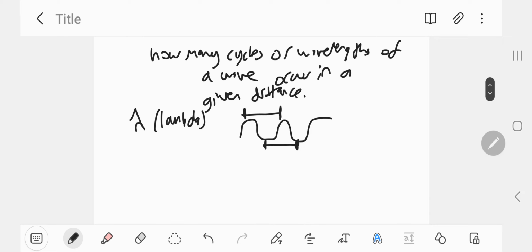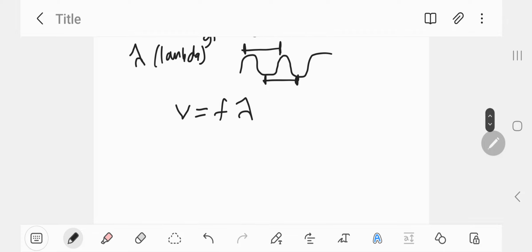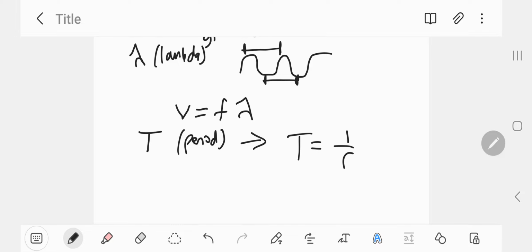It's a mathematical expression, so we've got to start with the wave speed formula, v equals f lambda. If you recall, v was the speed of the wave, f is the frequency, lambda is the wavelength. I'm now going to introduce something called the period T, which is the time it takes for one complete cycle of a wave to occur. It's basically the reciprocal of frequency, 1 divided by frequency.